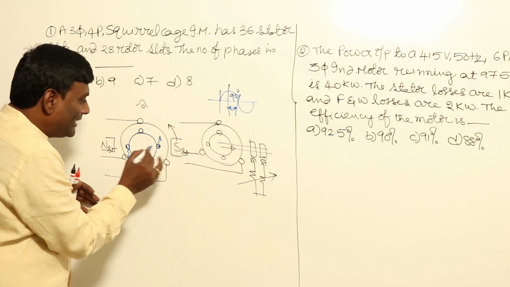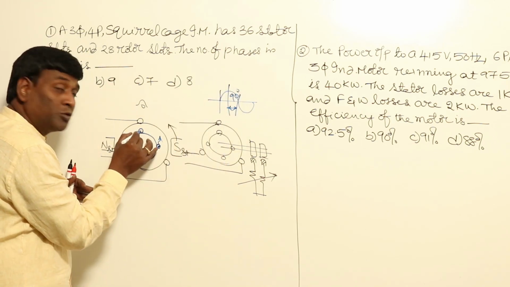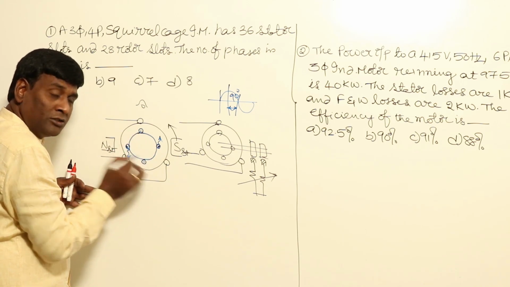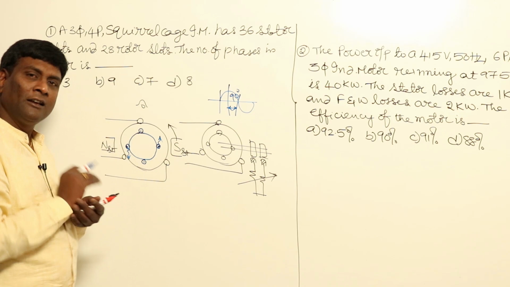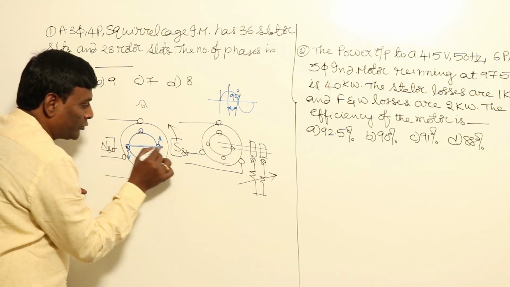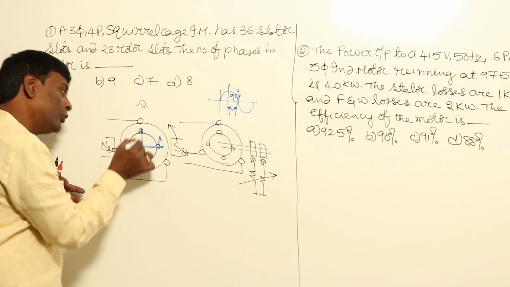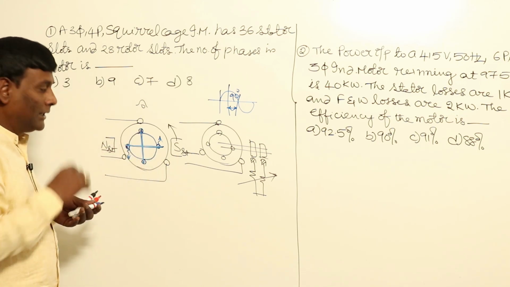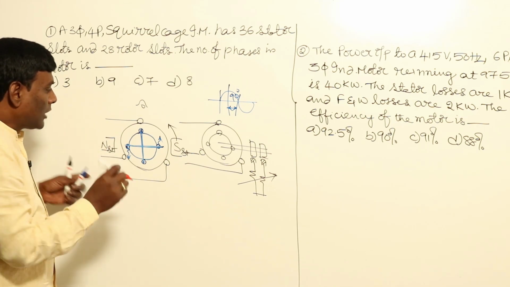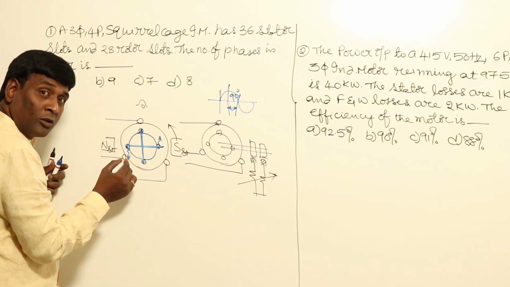So whenever this is maximum, this induced voltage is 0. So how many phases are there as of now? 2. Why? Because these 2 are going to form 1 coil, and these 2 are going to form 1 coil. So 2 phases are there.